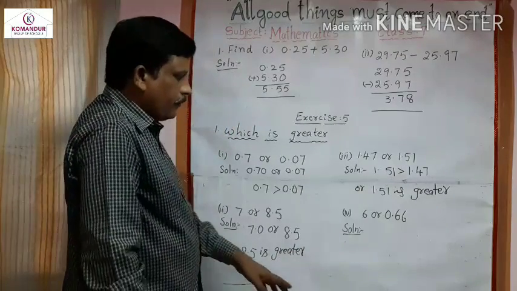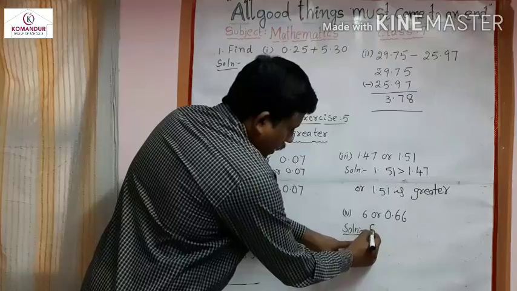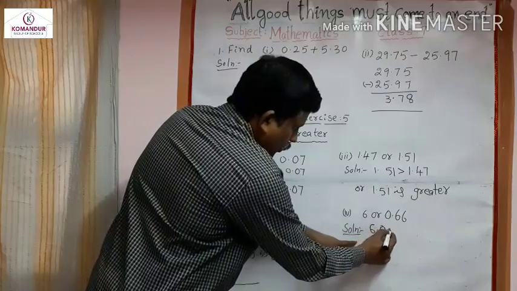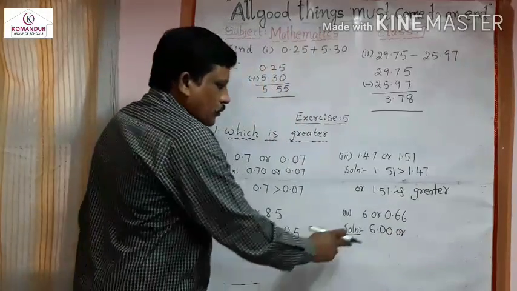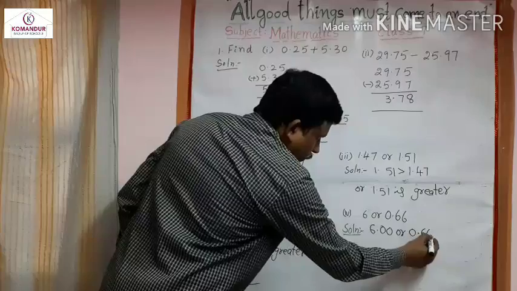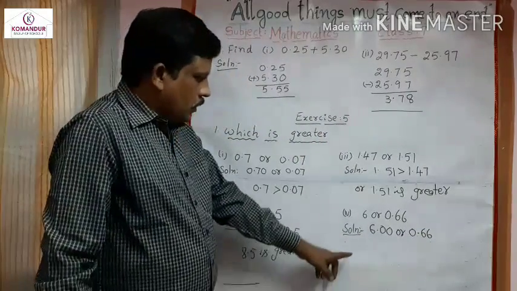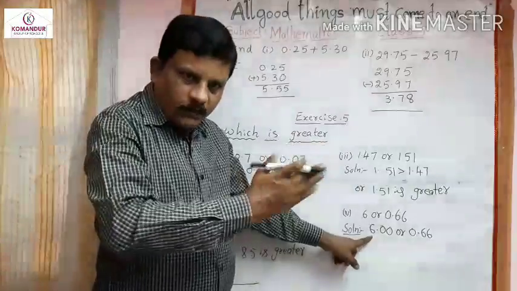Now here, 6 is given. This can be written as 6.00, and the other number given is 0.66. Now see, first we compare the left side of the decimal.